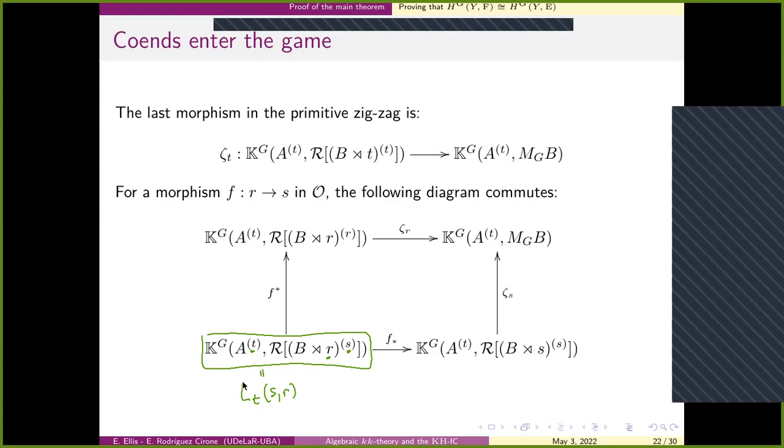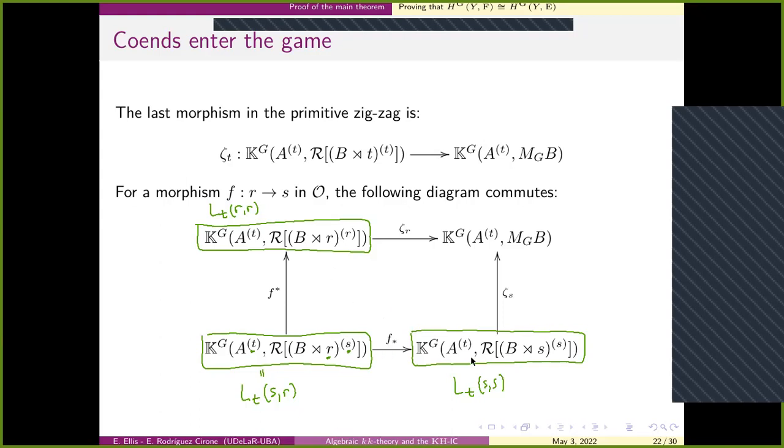So in this diagram, T is fixed and we move S and R. So this would be L_T of (R, R), and this would be L_T of (S, S).